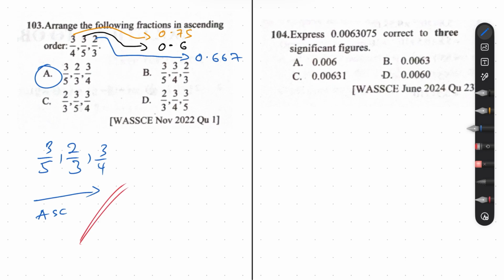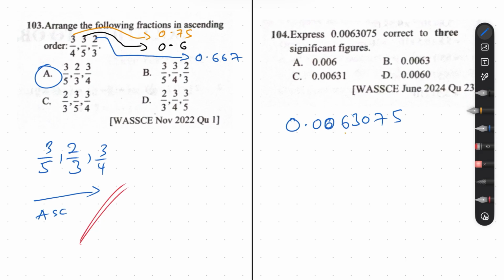104 says express these correct to 3 significant figures. So we start counting from the first significant figure. Let's write it down. 0.0063075. The first significant figure is what?